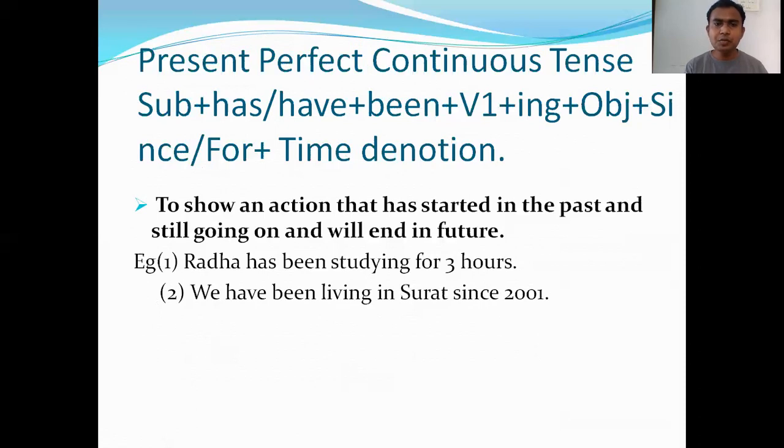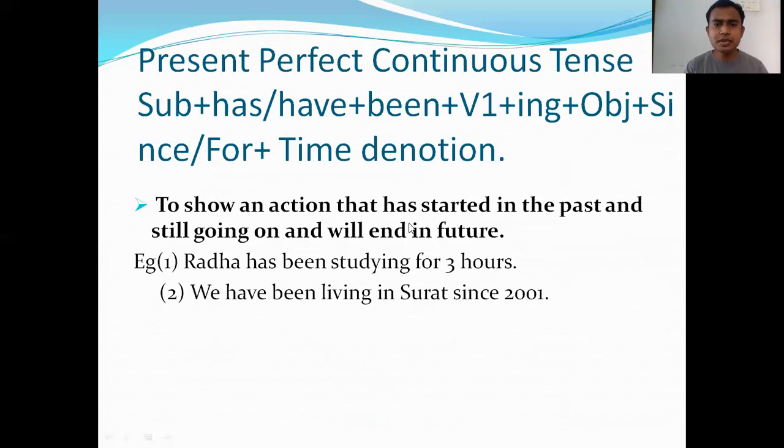Now when do we use present perfect continuous tense? We use present perfect continuous tense to show an action that has started in the past and is still going on and will end in the future. Like for example, Radha has been studying for 3 hours. We have been living in Surat since 2001.